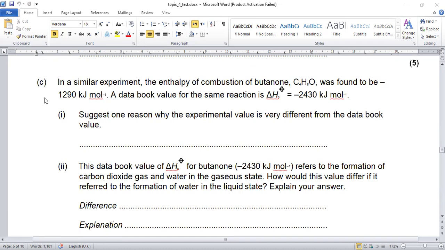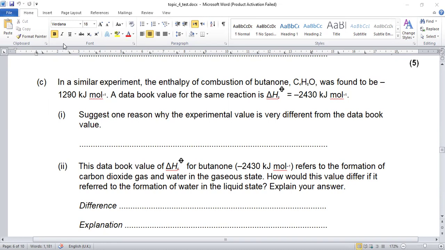In a similar experiment, the enthalpy of combustion of butanol was found to be 1290 kilojoule per mole. The data booklet value for the same reaction is given. Suggest one reason why the experimental value is very different from the data booklet value. Why does the practical always differ from the data booklet?